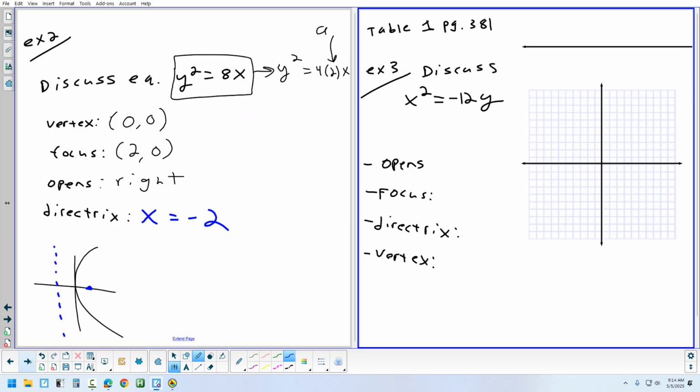So let's look at this one. Is this the same type of equation as the last one? What do you think? Does it follow the same exact format? Yes, it does. Wait, oh, that one, no. What's different about it?